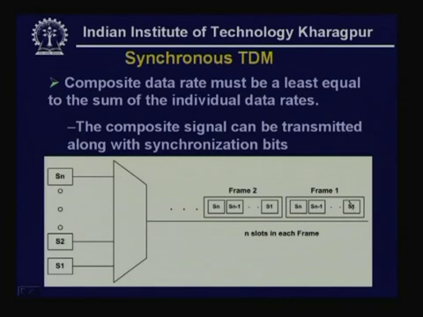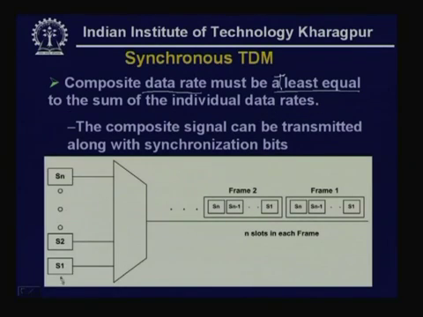The composite signal, as you can see, is framed where you have got data from S1, S2 up to Sn, then it is repeated again, another frame comes S1, S2, Sn. Of course, the composite data rate must be at least equal to the sum of the individual data rates.